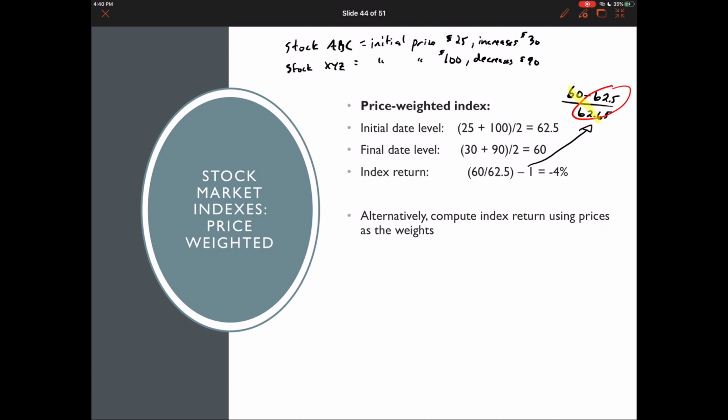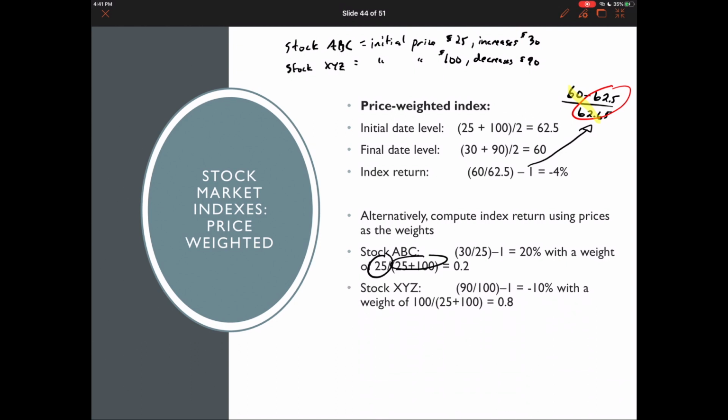Alternatively, another way that you can compute index return using prices as the weights, take stock ABC. It ended at 30, began at 25, minus 1. It had a 20% increase with a weight of 25 divided by the initial total value of the index, which was 25 for ABC and 100 for XYZ, and you'll get a return on that particular stock of 0.2 or 20%.